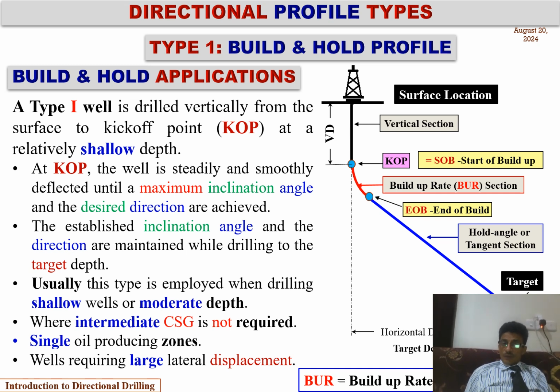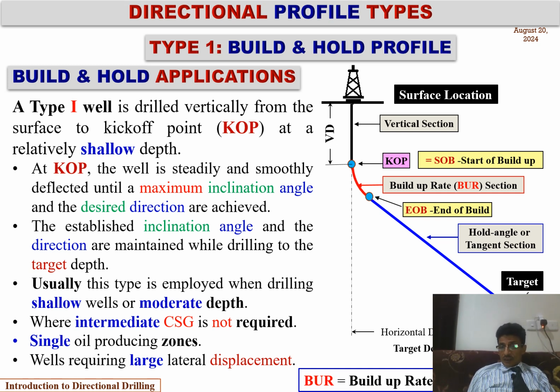The first of the directional profile types is the build and hold profile. The well is drilled vertically from the surface. We drill the vertical section from the surface to the kickoff point.